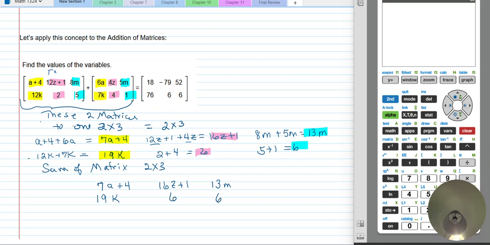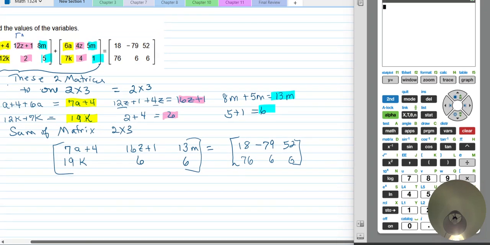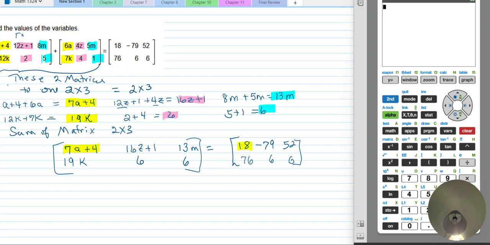All right. Now I have this matrix equal to another 2 by 3, 18, negative 79, 52, and then I have a 76, a 6, and a 6. Okay, so then I know that this has to equal this. So I'm going to do that one first.